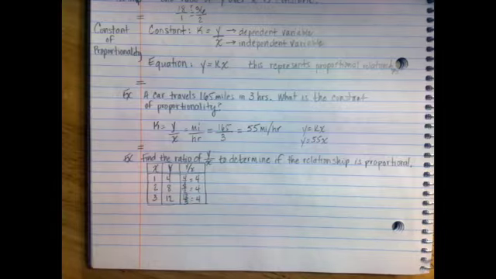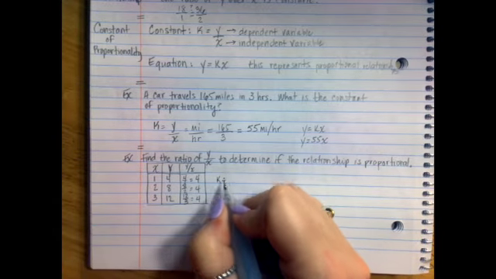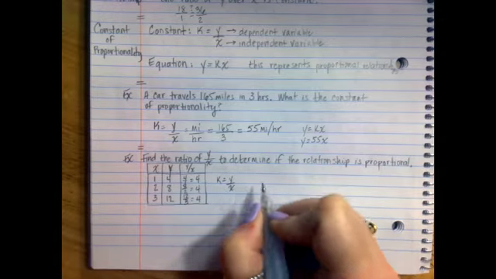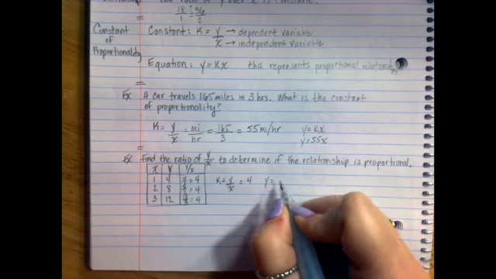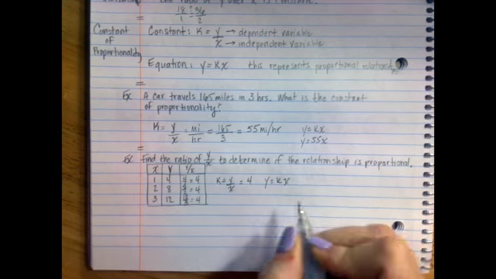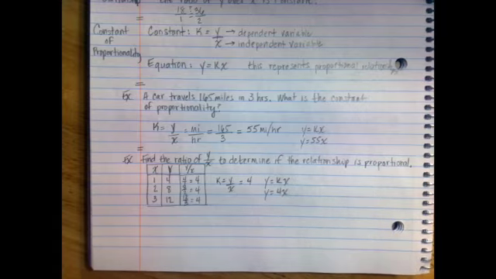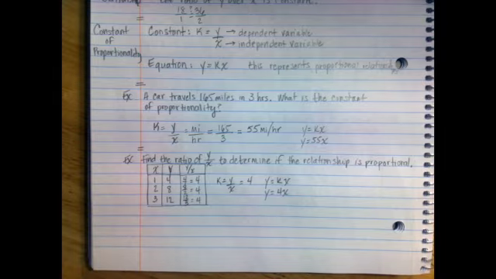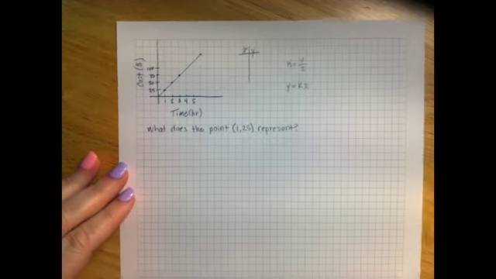So yes, this is a proportional relationship, and I found that K, which is y over x, is equal to 4. As a linear equation, y equals kx becomes y equals 4x. I can use that information. I can also get that information from a graph.